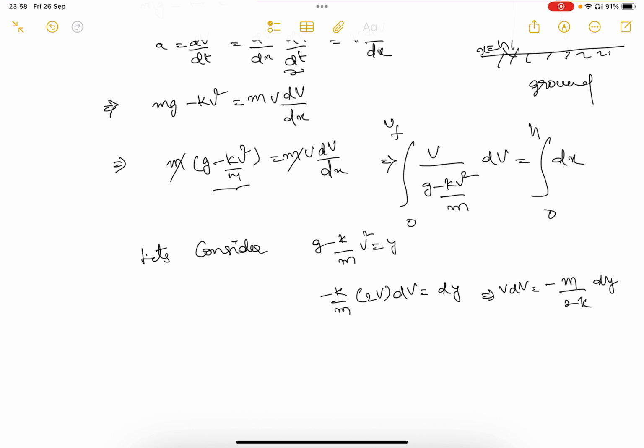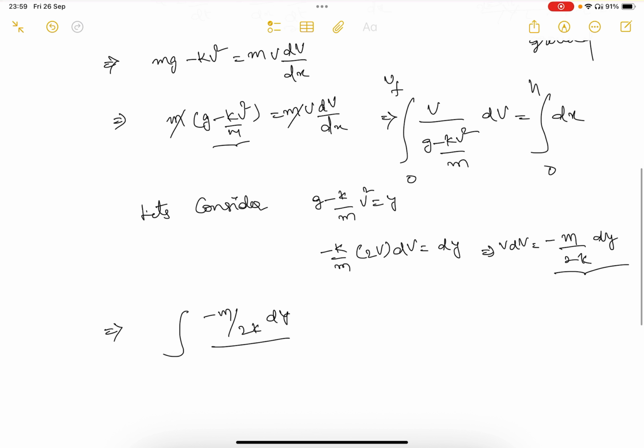So this will be the integral. What is v here? v dv is minus m by 2k dy. Here g minus k v square by m is y.